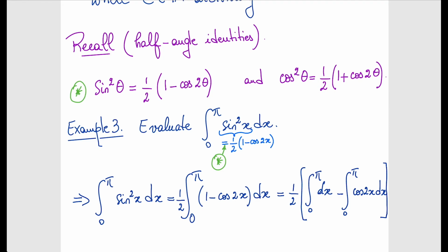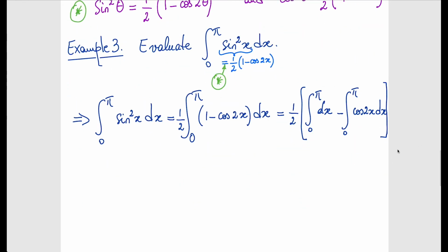The first one is immediate. What is that one? The primitive function is just x, right? And if you take x between pi and 0, this is simply pi. Am I correct on this? So that's pi.